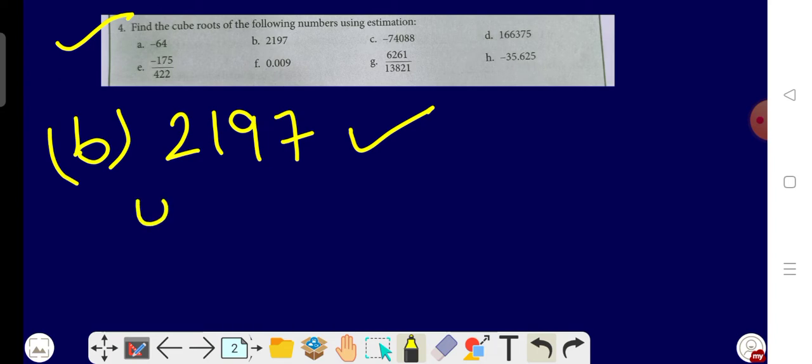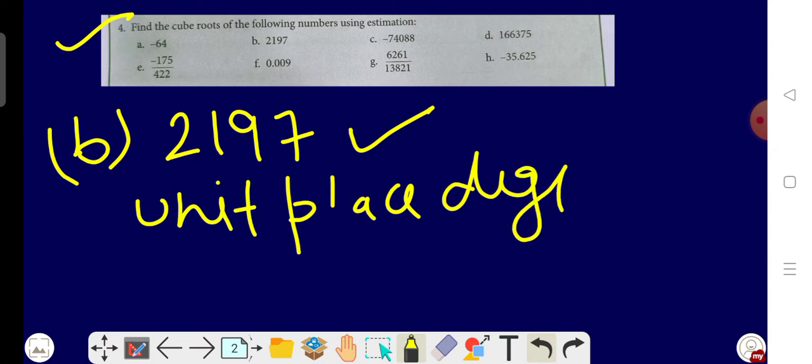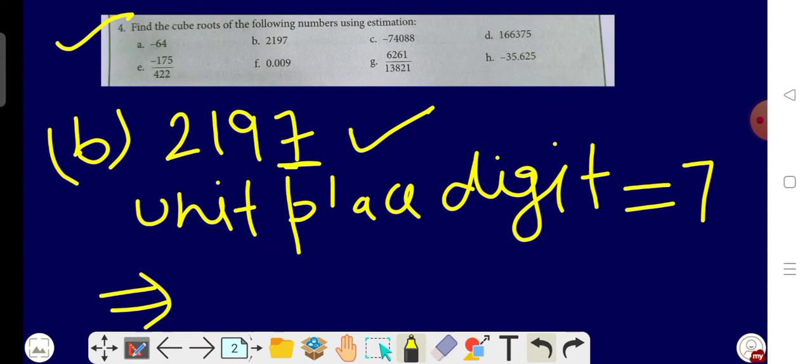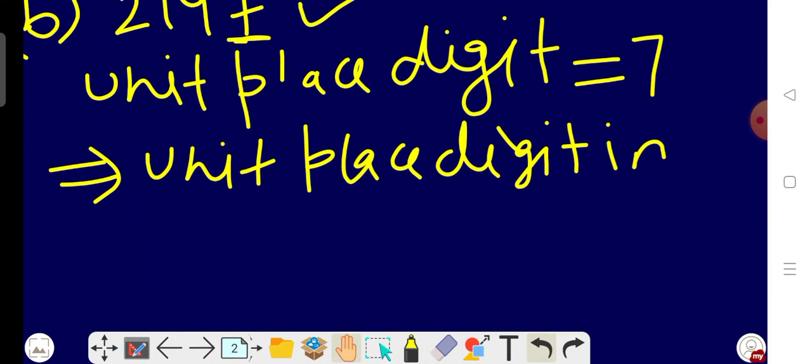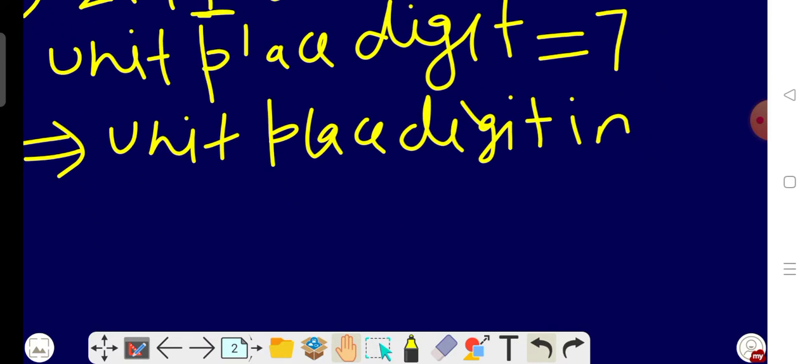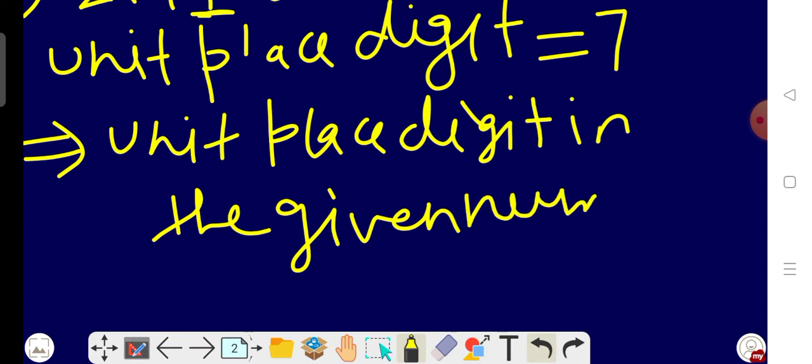So the unit place digit is equal to 7. Then what we can say, the unit place digit in the given number is 7.